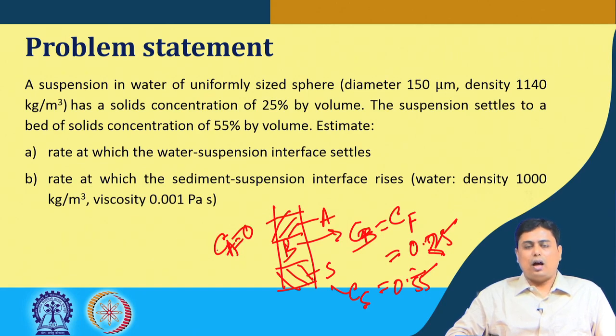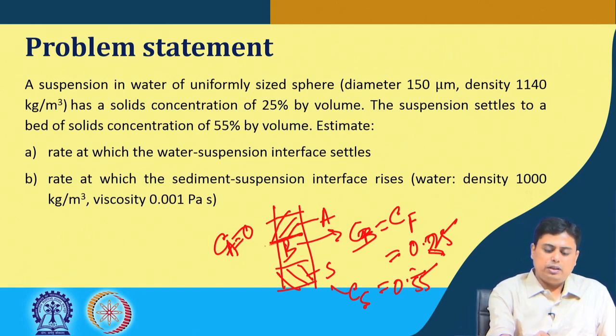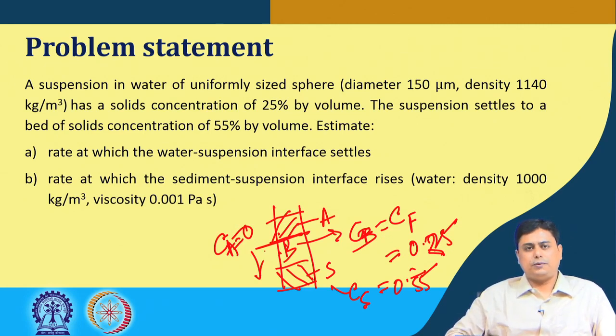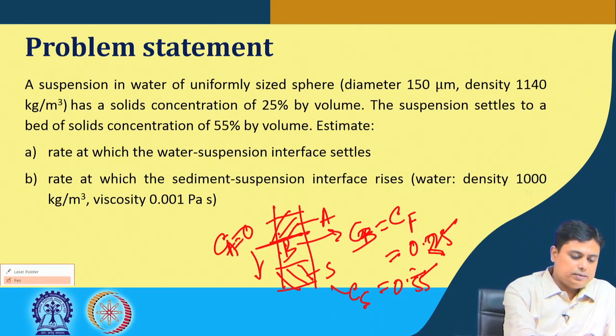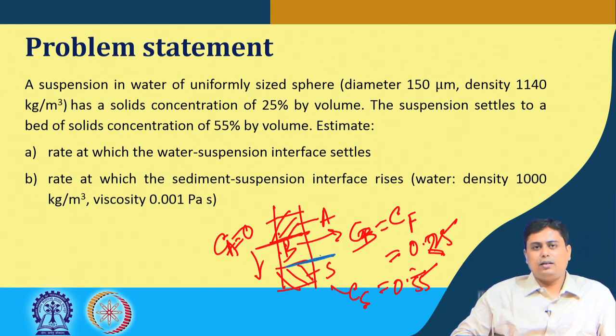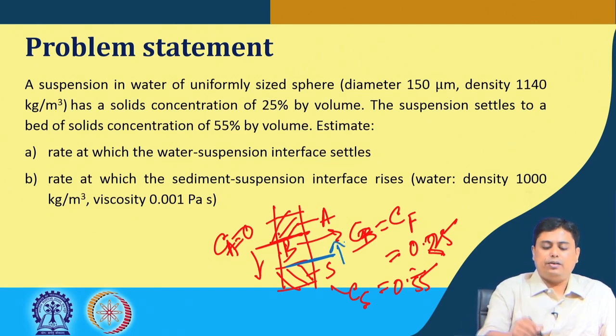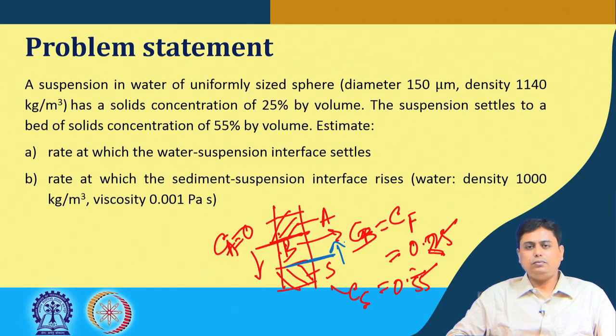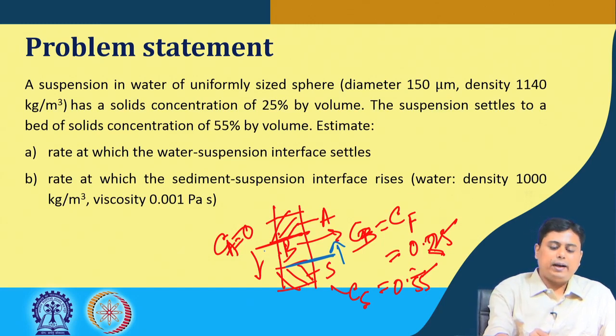So the questions are: first, the rate at which the interface between the water and the suspension settles. This is part A. The second part is the other interface, that is the sediment and suspension interface, and the rate at which it rises. So we have to find out the rate at which this interface comes down and this interface rises.